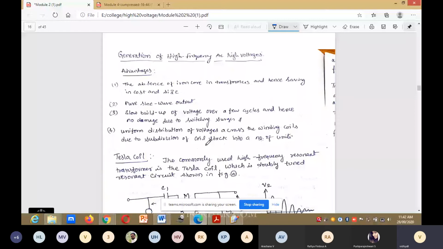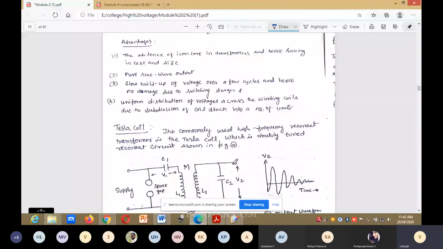Next is uniform distribution of voltage across the winding coils due to subdivision of the coil stack into a number of units. The Tesla coil. A commonly used high frequency resonant transformer is the Tesla coil, which is a doubly tuned resonant circuit.